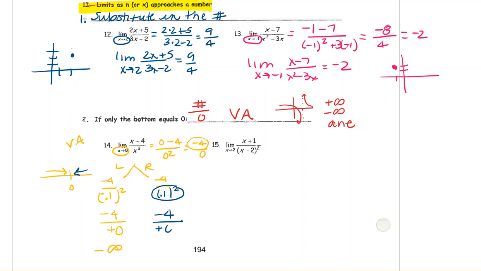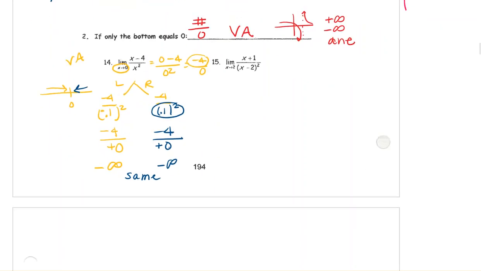And this is going to be positive because I'm squaring. So a negative number over 0, this is going to be not positive infinity, negative infinity. And since these two were the same, then I would say that the limit as x approaches 0 of x minus 4 over x squared is equal to negative infinity.